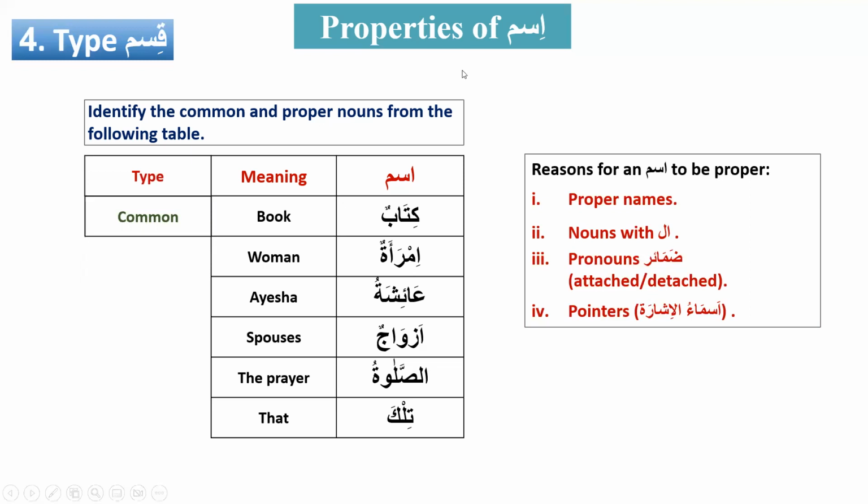Okay. So now I'm going to request someone to tell me, is the next word proper noun or common noun? Hiba, will you help me with that? If you are there.